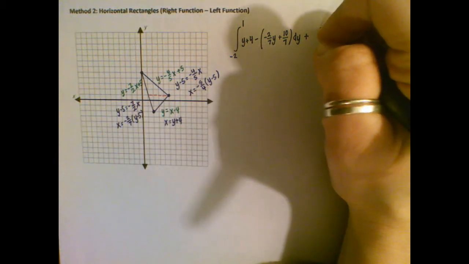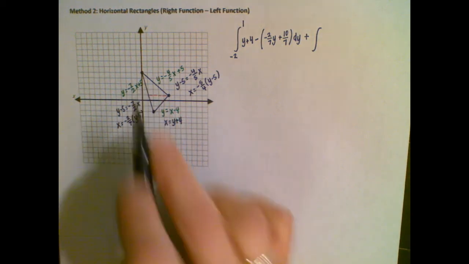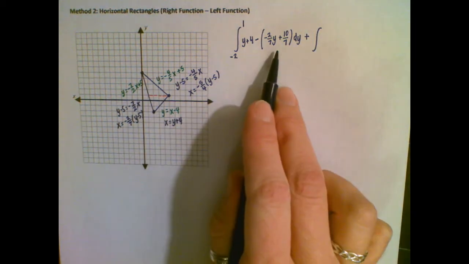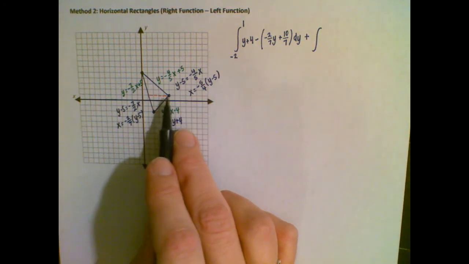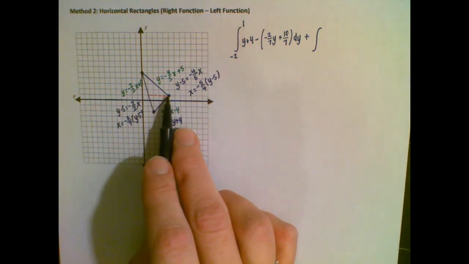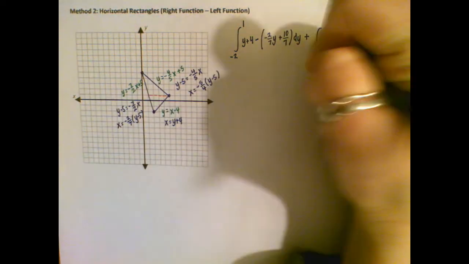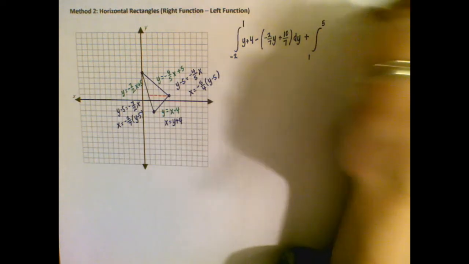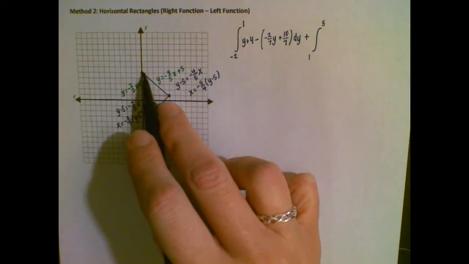And then my top piece, where now my right function is this one at the top and my left function is still the same one as my left function here, I need to figure out what my y values are going to be integrating in terms of. So it looks like the lowest y value in this triangle is going to be 1. The highest y value in that triangle is going to be 5. So I'm going from the y value of 1 up to the y value of 5.